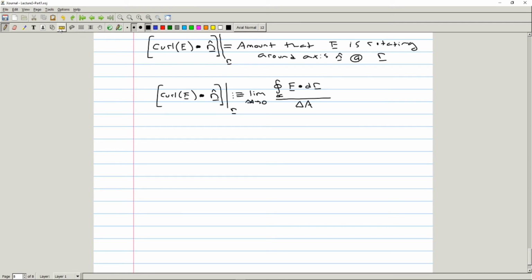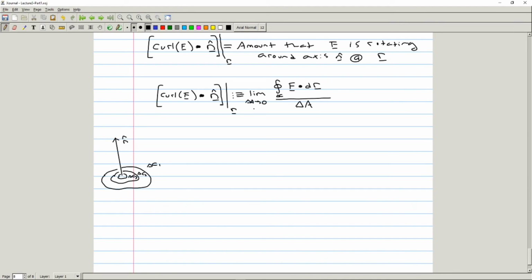Well, it's saying the following. It's saying that if n is some direction, and the contour delta C is some contour that is progressively getting smaller and smaller and smaller, say delta C1, delta C2, delta C3, where the corresponding areas are getting smaller and smaller as well.